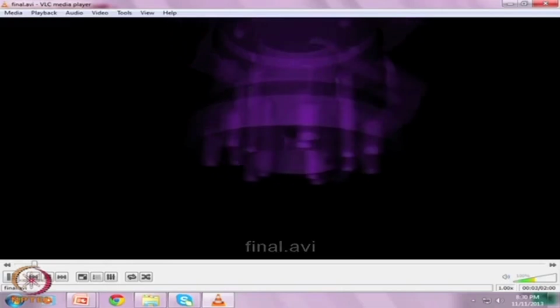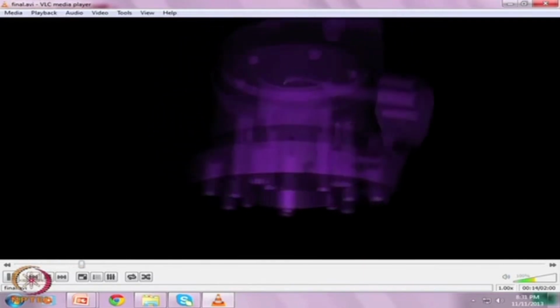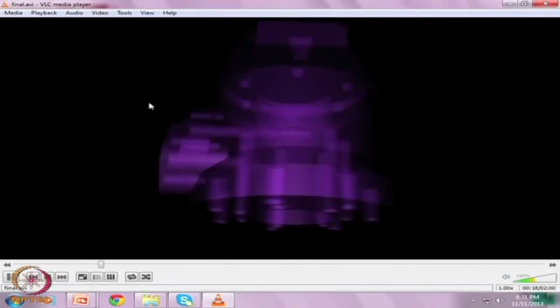We can have another look. Just observe this, you will be able to understand yourself how it is working. This is the input and output main connections.